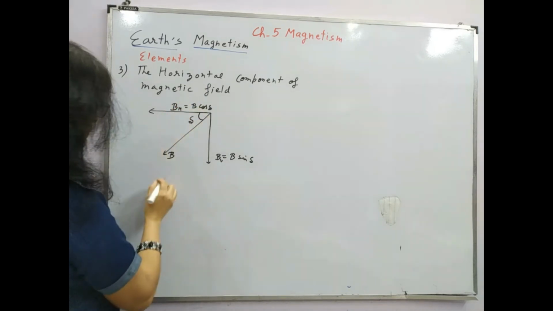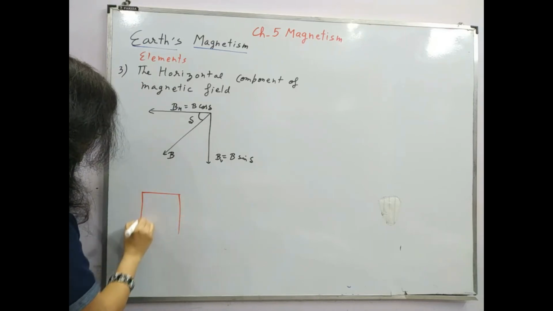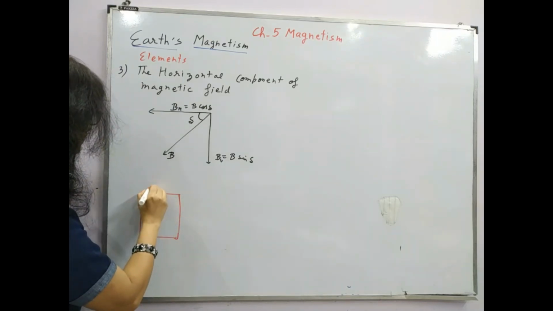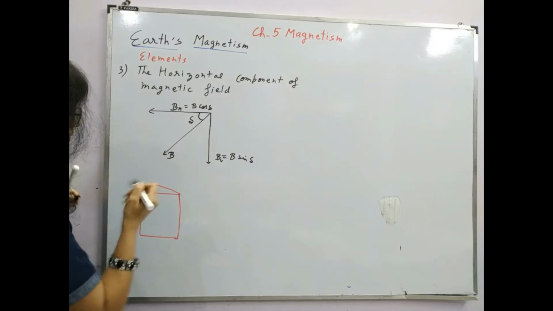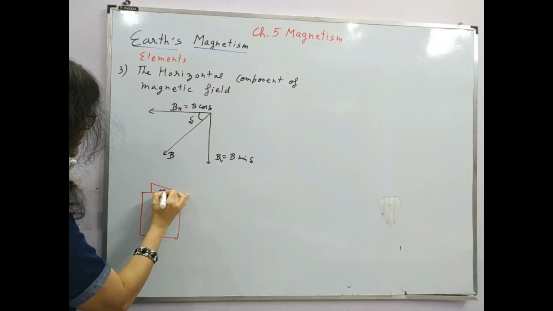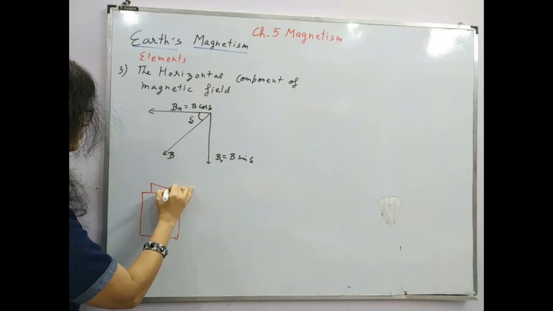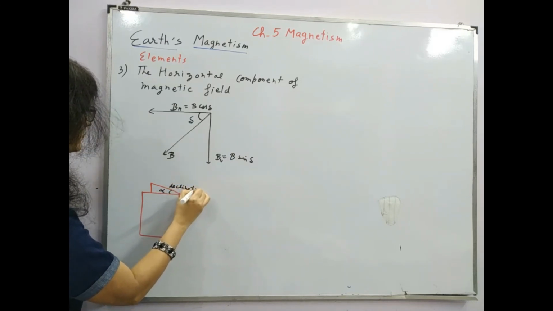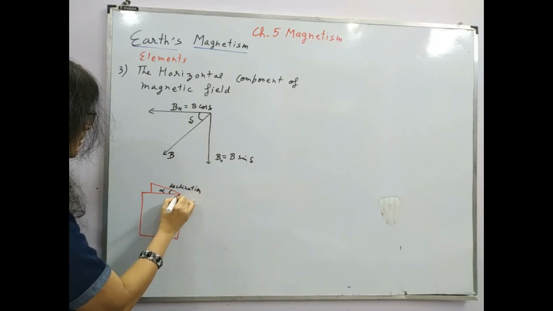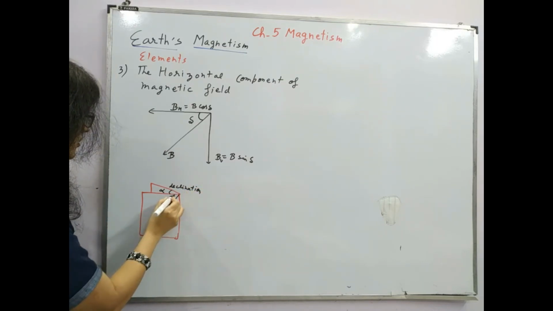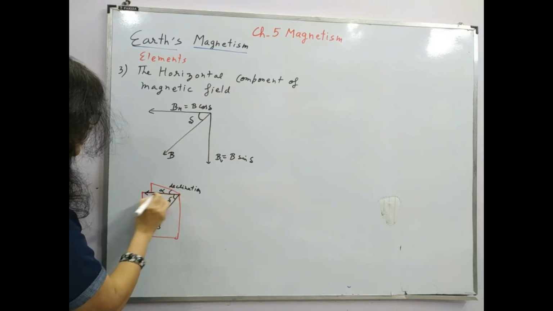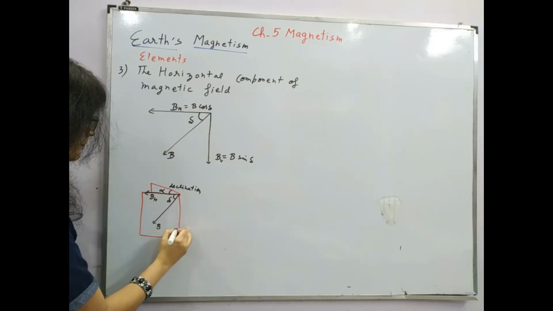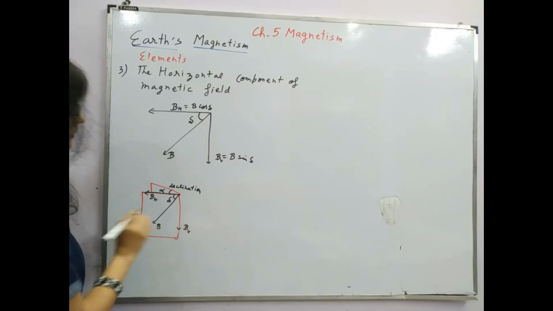So this is your horizontal component. So in the same diagram all the three elements can be shown like this. So this is declination, this is dip, this is horizontal component, this is vertical component.